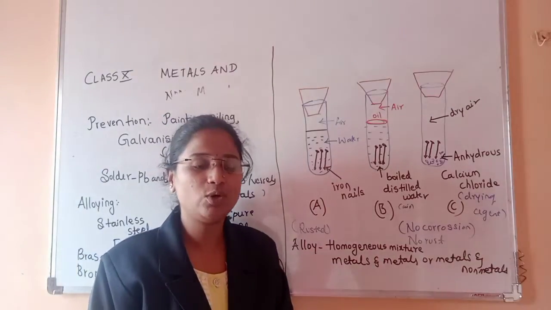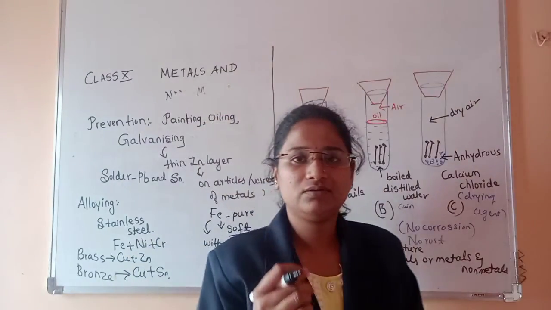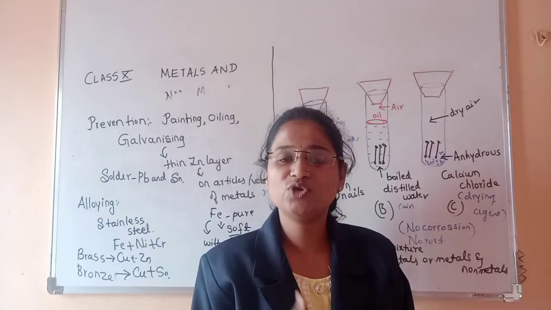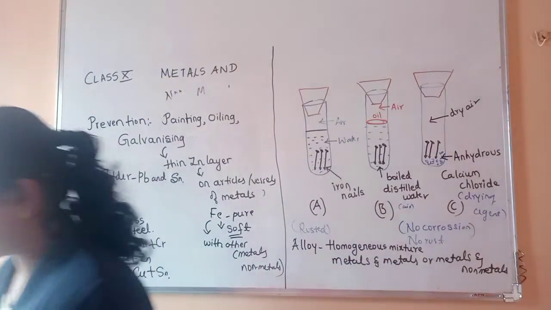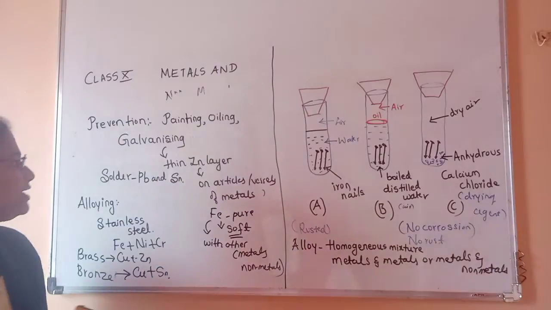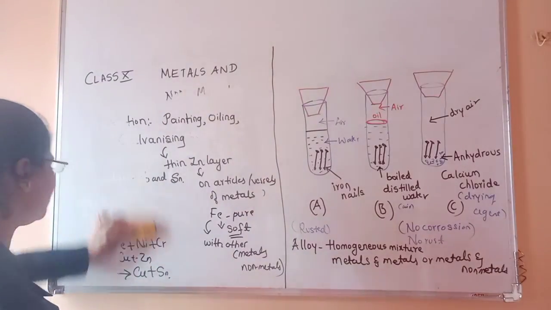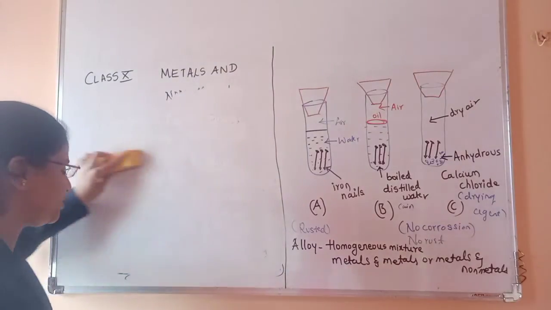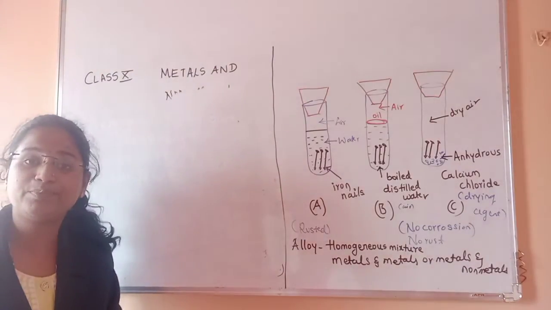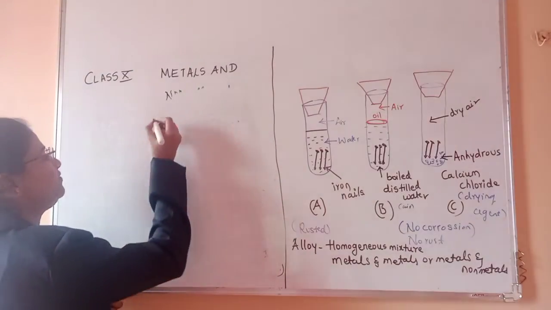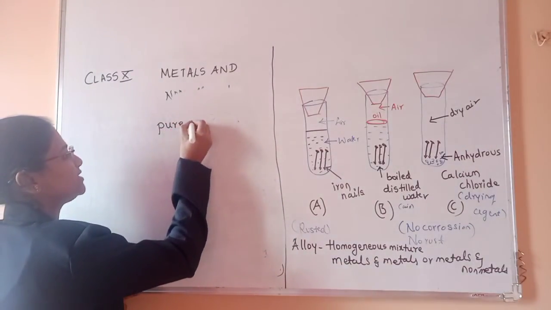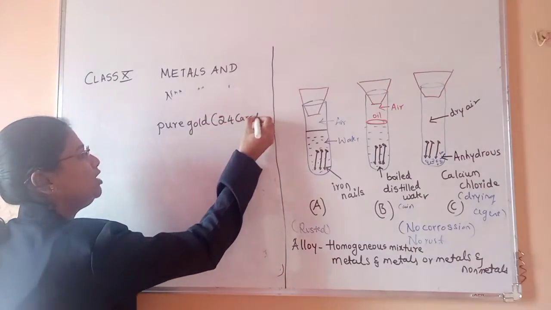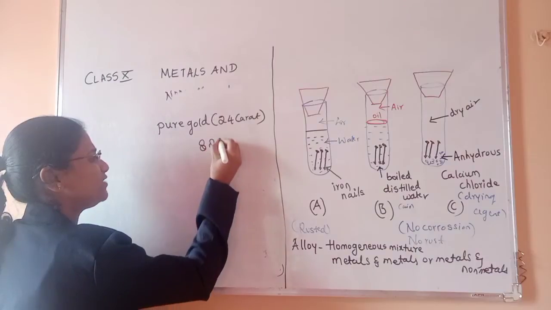Right. And one more. All of us, especially women, love gold. You might have heard elders praising someone, saying he is like 24 karat gold, like pure gold. So this 24 karat gold is very soft actually.